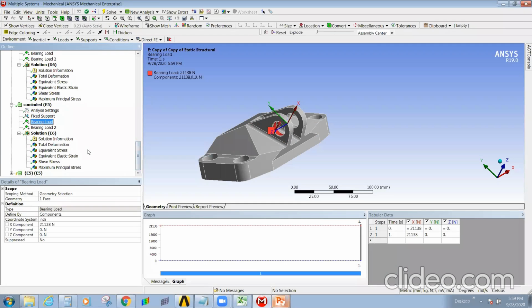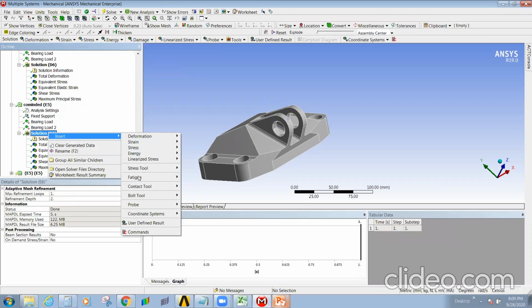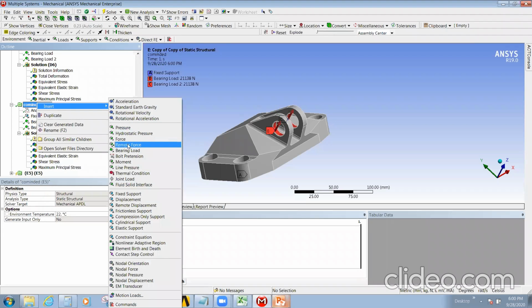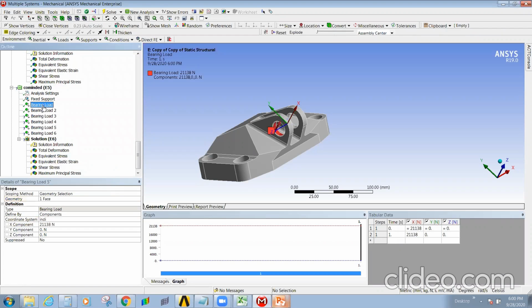The bearing loads, you need to multiply these bearing loads or insert new bearing loads. Okay, so one, now make it as duplicate, duplicate, duplicate. So totally 6 bearing loads will be there. You can write it as, this will be inclined 1, second will be inclined 2.